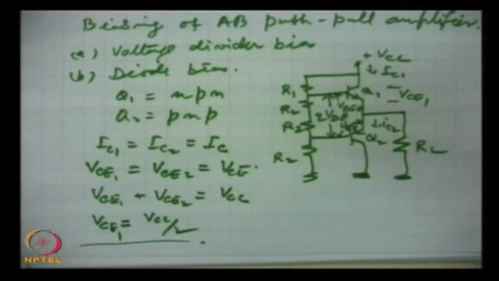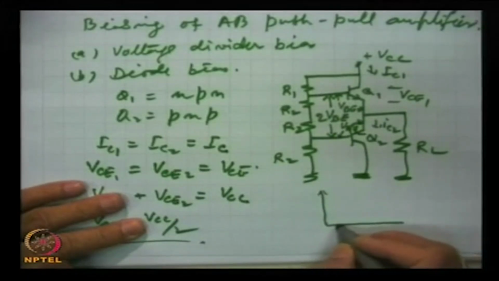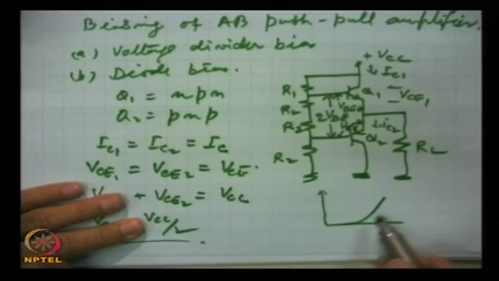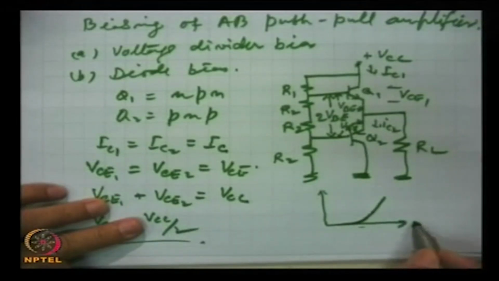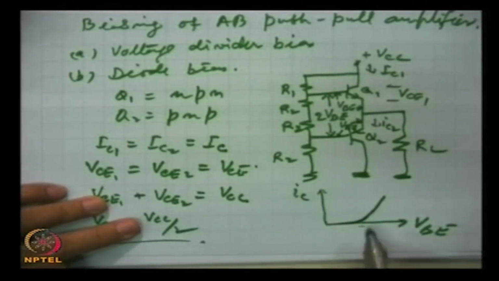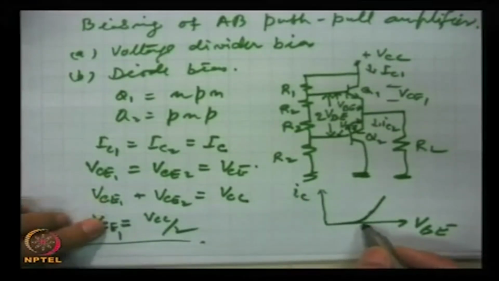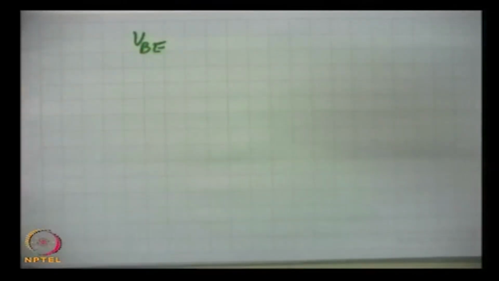There is a problem in the voltage divider bias. If you look at the curve, it is very sharp in the just on condition here. Therefore, small changes in voltage VBE produce very fast changes here in the IC transconductance curve. And remember, when we were talking of BJT, we said that voltage VBE is temperature dependent.